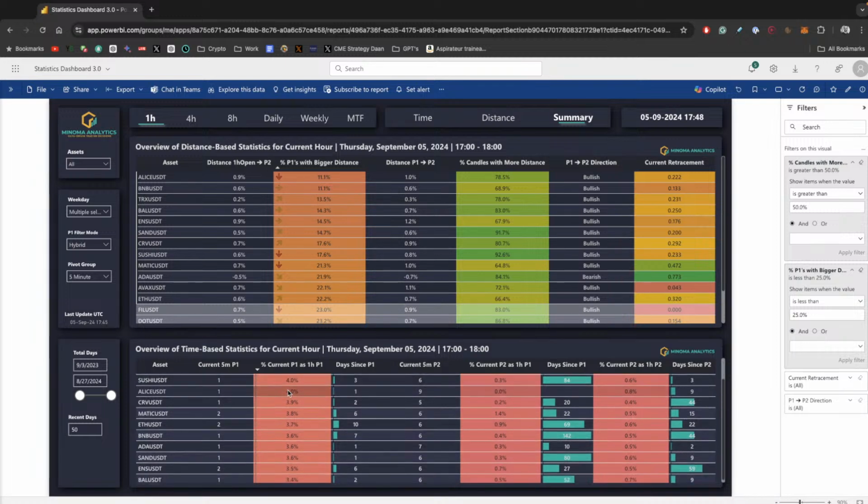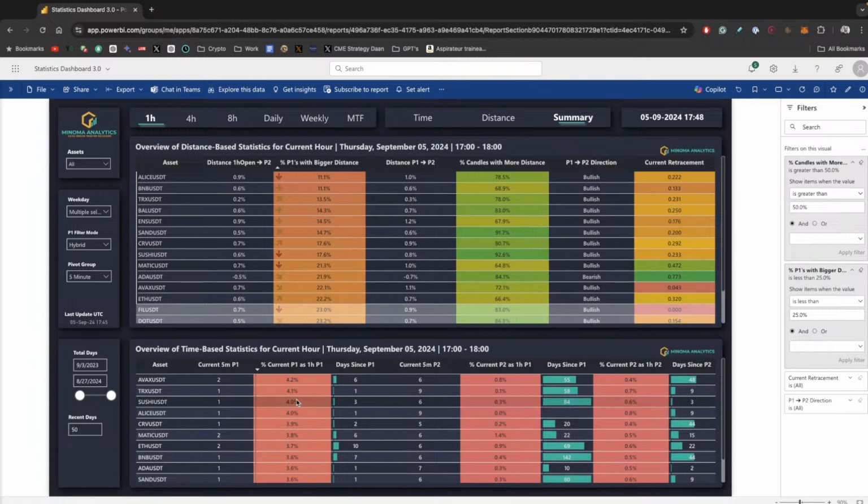But this one is not correct, so I think I need to adjust this. I'll fix that after. It's like this can never be 4.1%. It must be higher. So I made a mistake on this one, but the rest looks legit. Yeah, the rest makes sense.